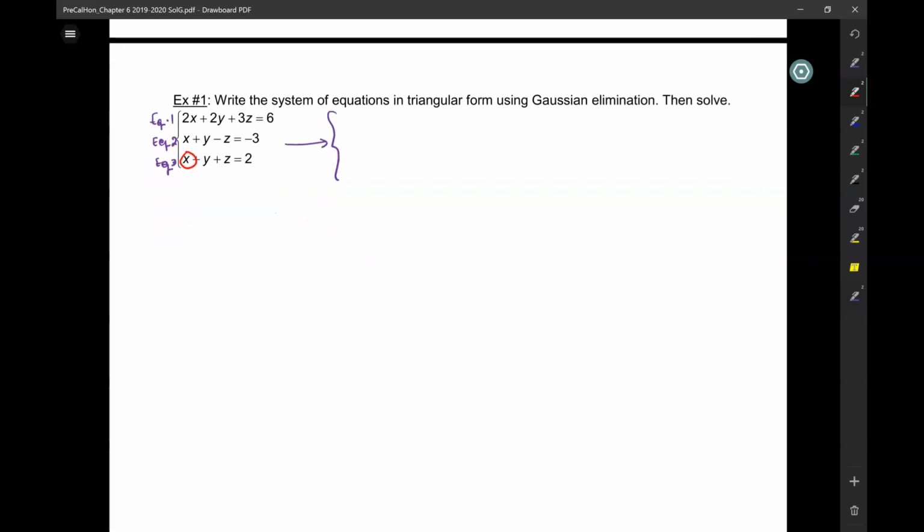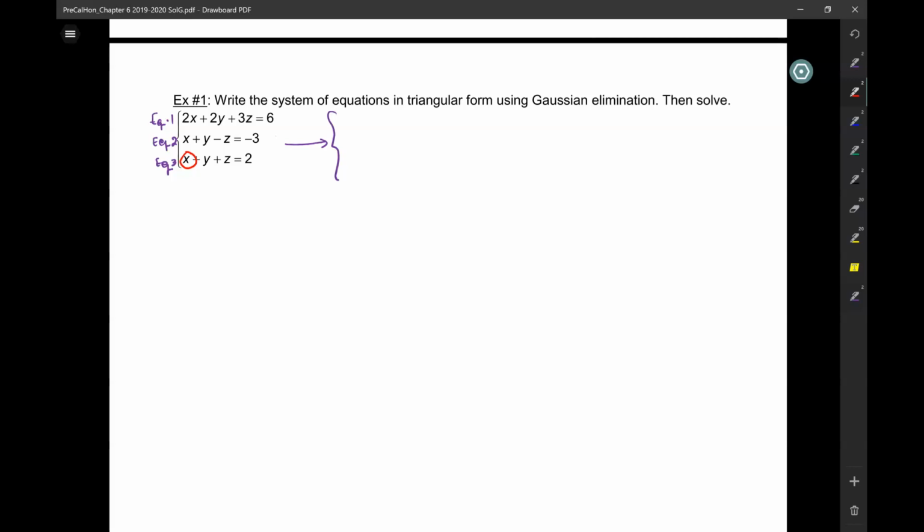So, here's what's different about this. The one that I'm trying to get rid of is in equation 3, but I'm not going to get rid of equation 3. I'm going to replace equation 3 with a combination from the other ones. So, how can I get rid of this x?